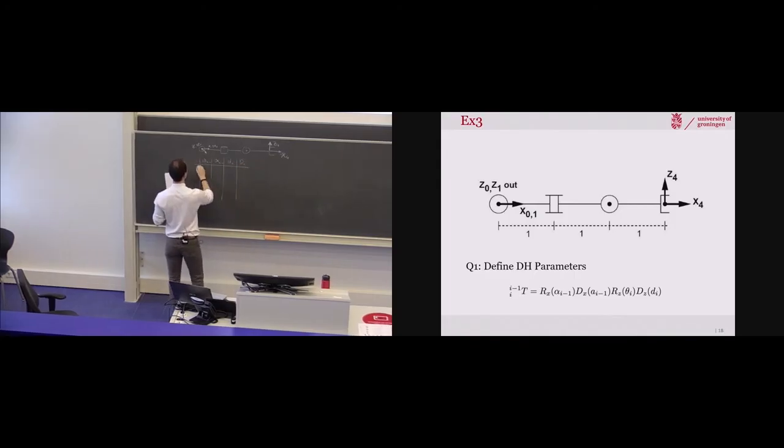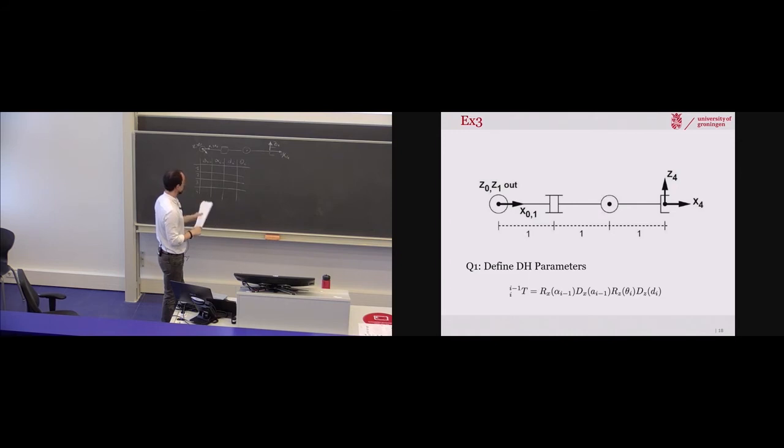And then you have joint 1, 2, 3, and 4. Okay? So in this case, there are 3 joints, but we also want the fourth frame. So the relation also with the fourth frame.